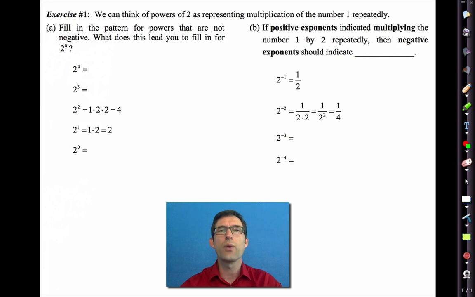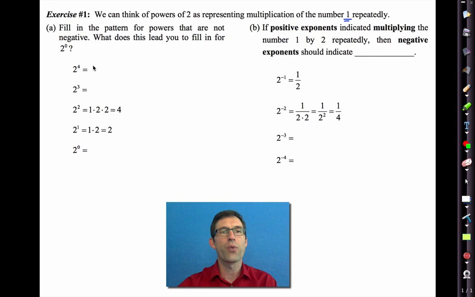Exercise 1 says we can think of powers of 2, or any number, but let's use 2, as representing multiplication of the number 1 repeatedly. Now I know that seems a little bit weird, but you'll see what I mean. Letter A says fill in the pattern for powers that are not negative. What does this lead you to fill in for 2 to the 0?